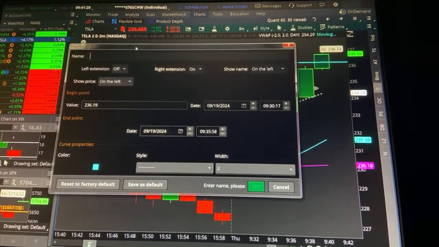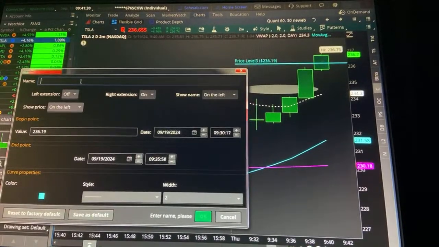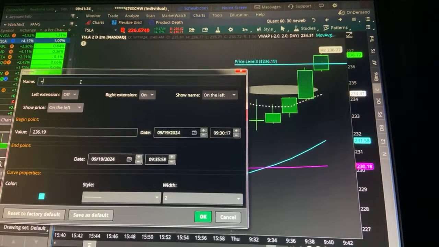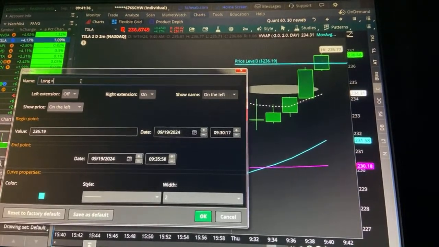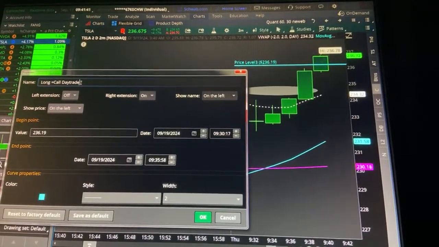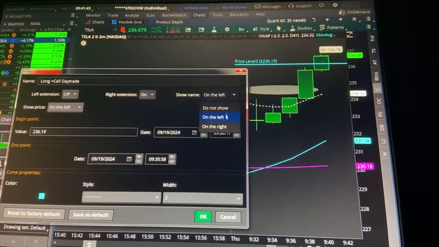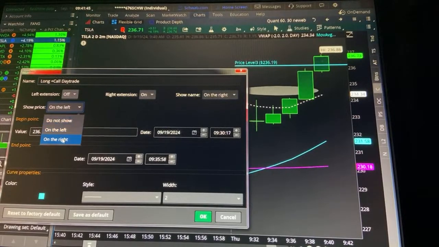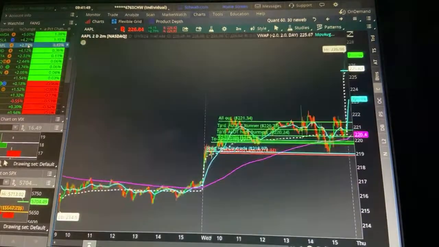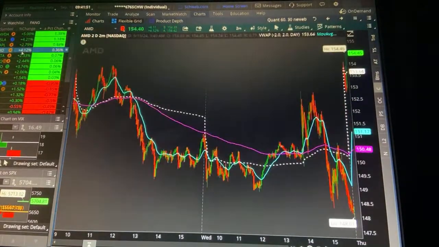That might not be the best level to buy, in demand, for example. All right, so location.